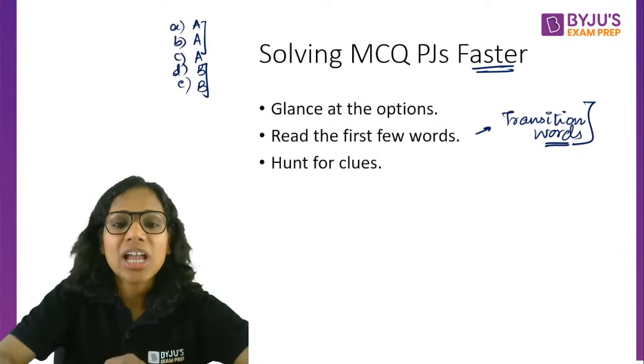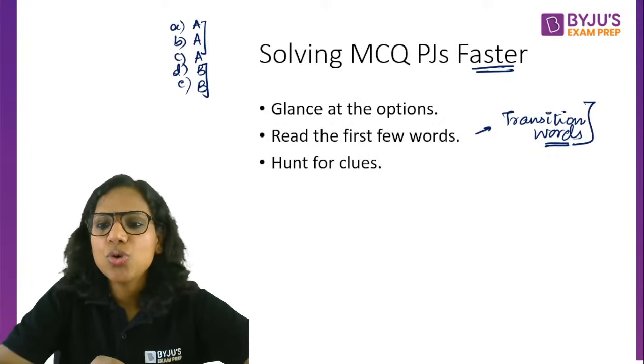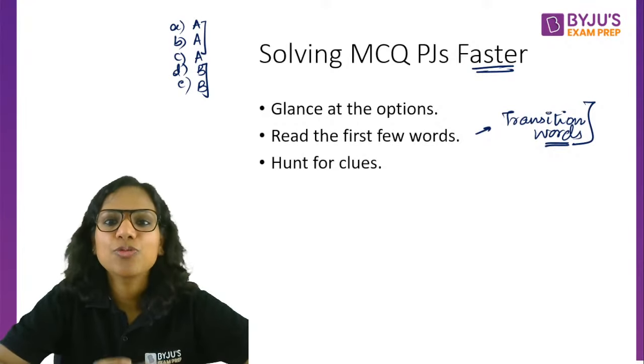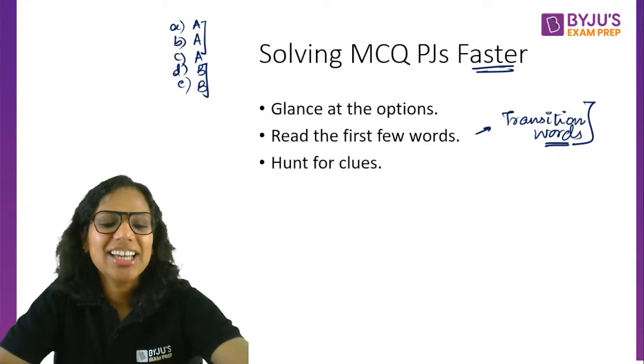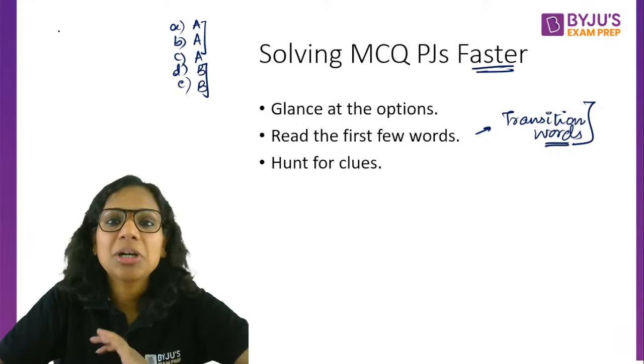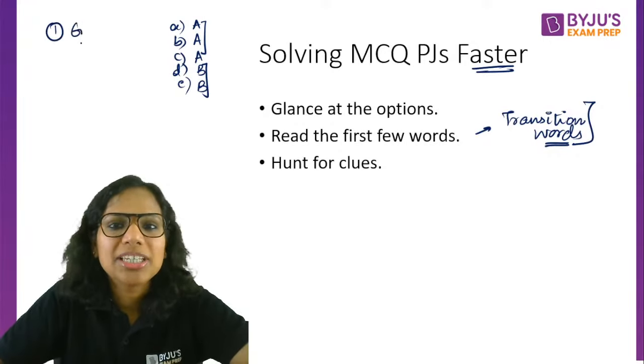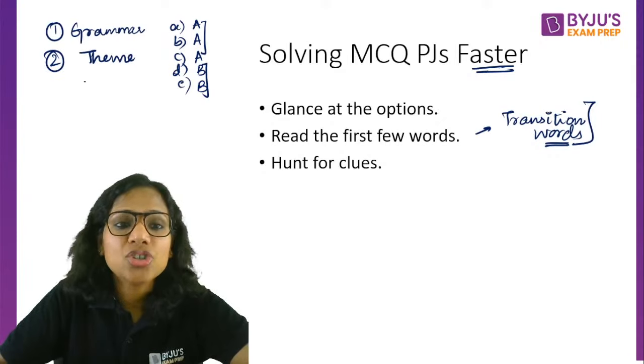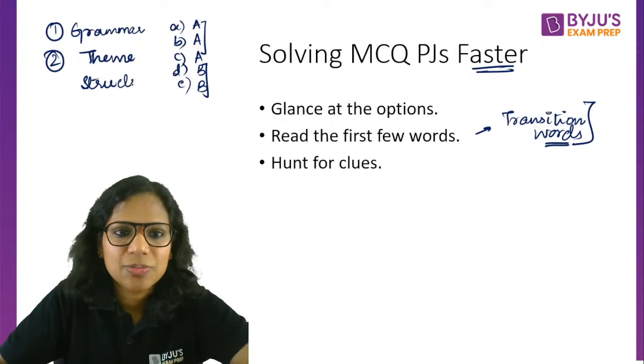Hunt for clues. Any parajumble question is full of clues, let me tell you that. Because there are multiple types of clues. There could be grammar based clues, right? There could be theme based clues or structure based clues, right?